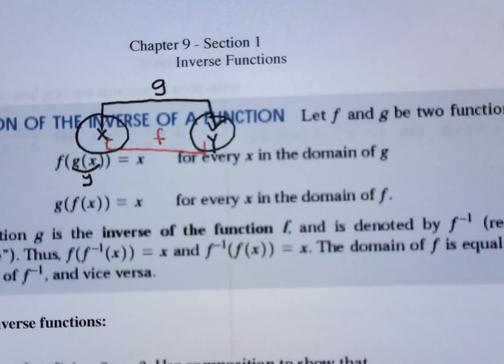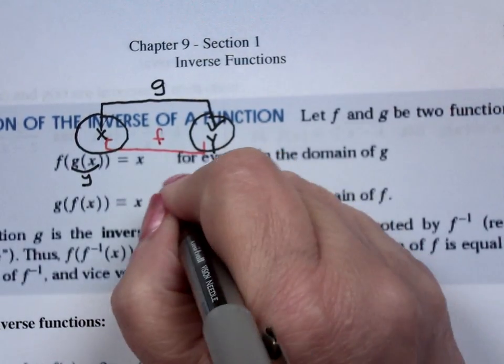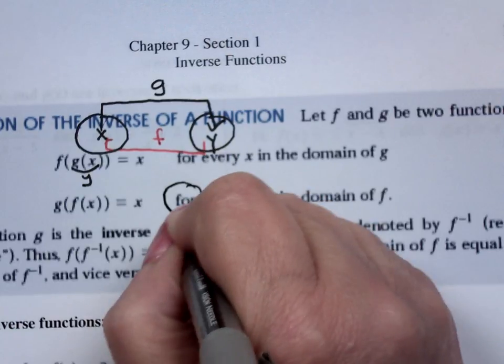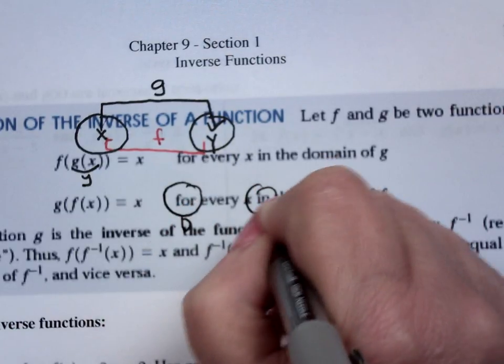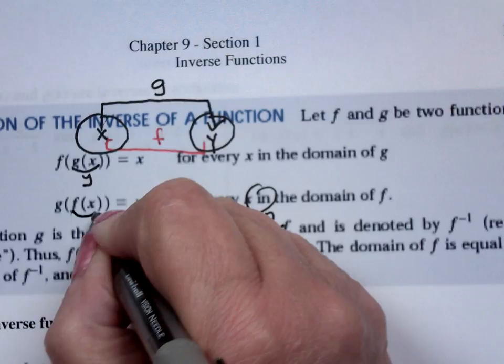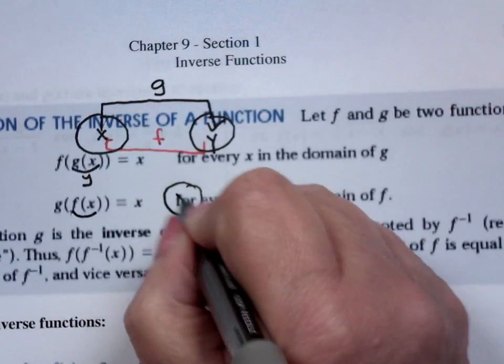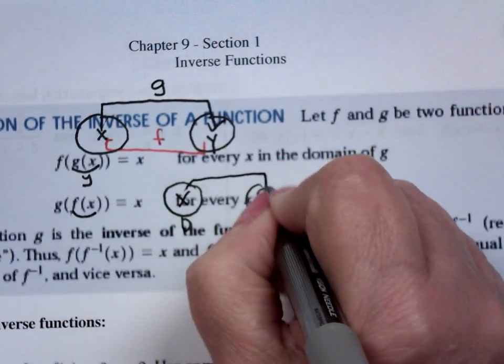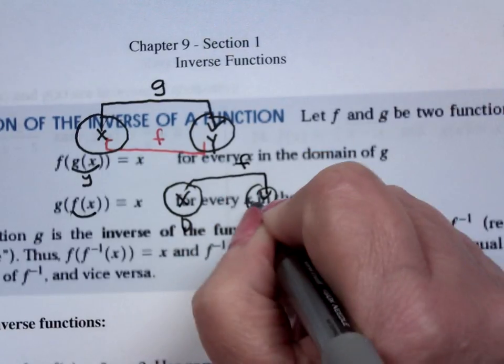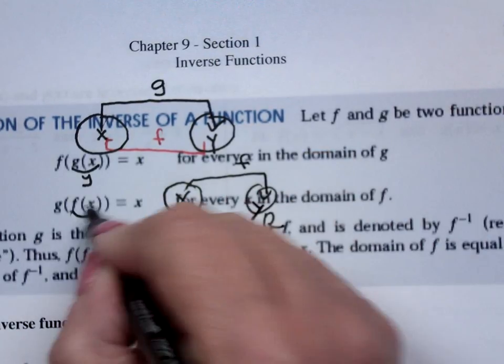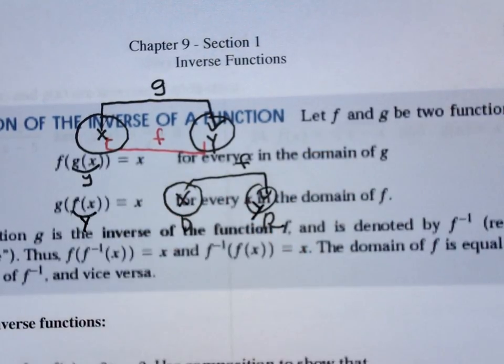Now, if I were to look at this guy, I start out with f. So f picks up an x, takes it over here, and we call that y, so this is y.